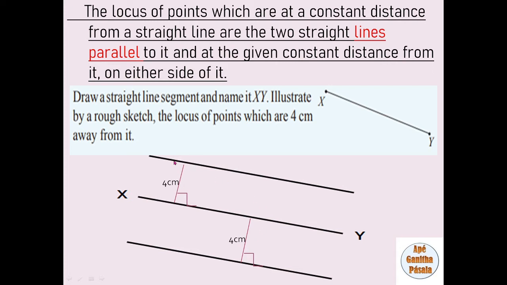Mark 4 centimeters and using a ruler, draw the straight line. So there are two parallel lines. You have to draw a rough sketch, so without measuring, you can just mention the measurements and draw.